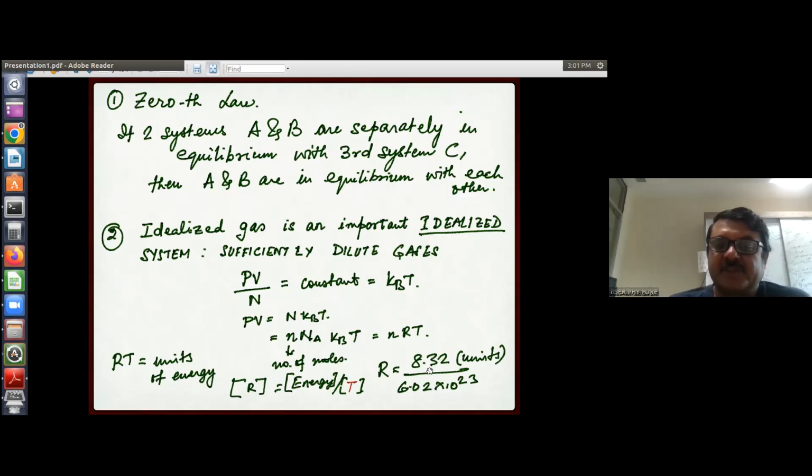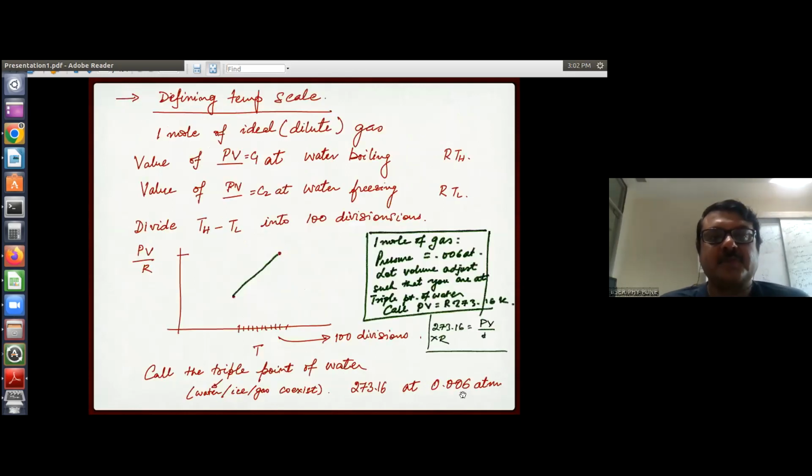So R is 8.32, the right units. And Kb is R by Na. That's what I wanted to write here. So the way you define a temperature scale, which is unique, right? What you take is 1 mole of an ideal dilute non-interacting gas.